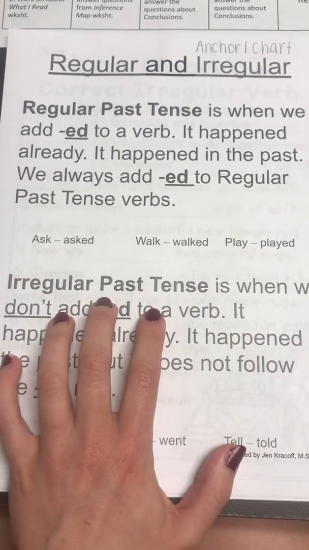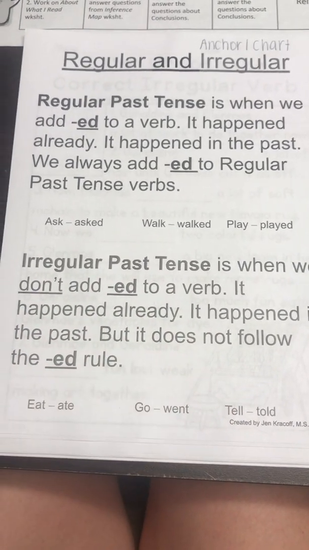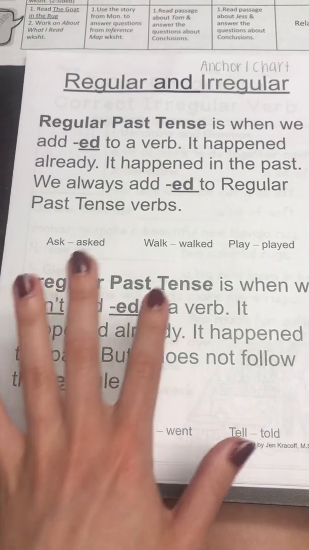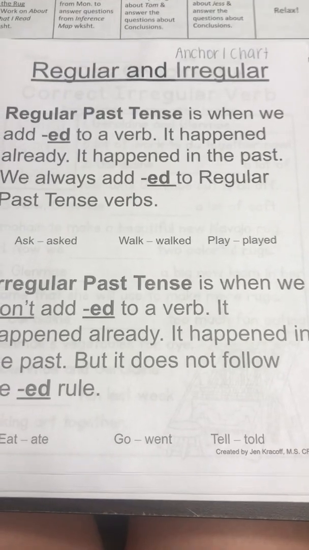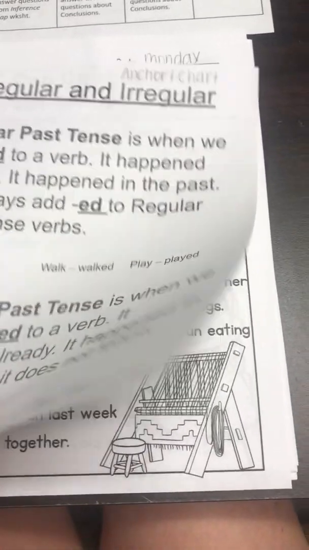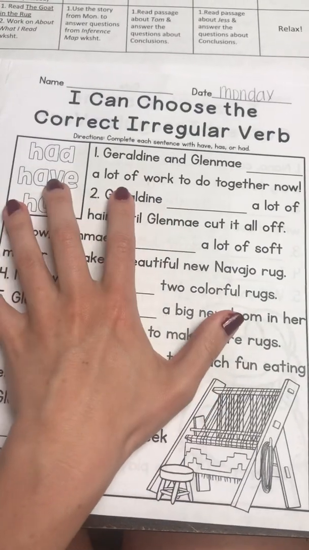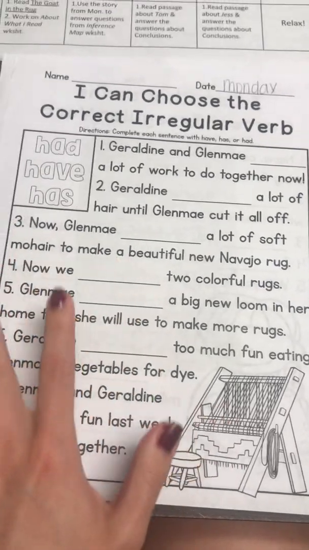And then irregular past tense is when you don't add ed to the end of a verb, but it can have a different spelling. So definitely check out this within Language Arts on our webpage. And then I have an anchor chart over have, had, and has, and when to use them.